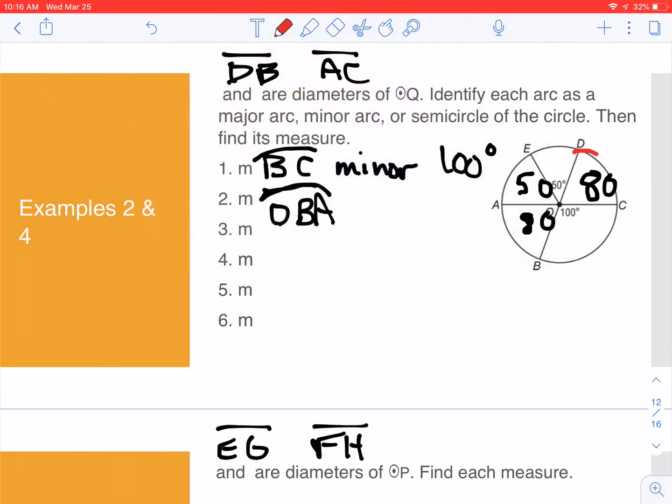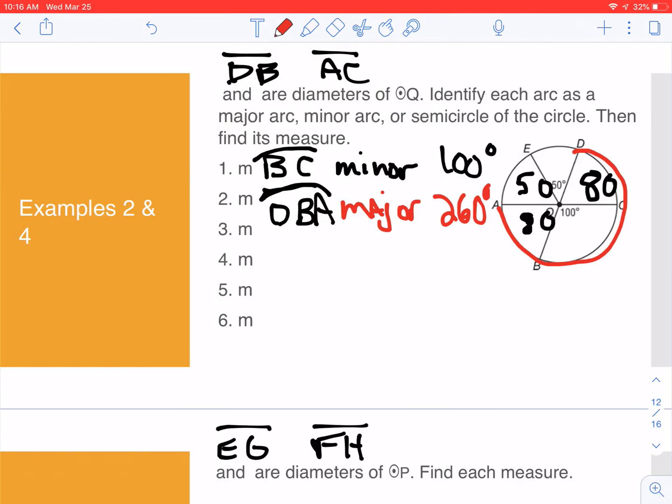Okay, we would have to do it like this, DBA. We can see that DBA is major. Why? Because we know it's greater than half. How many degrees? We're going to add 80 plus 80, 160. 160 plus 100 is 260. So that would be a major.